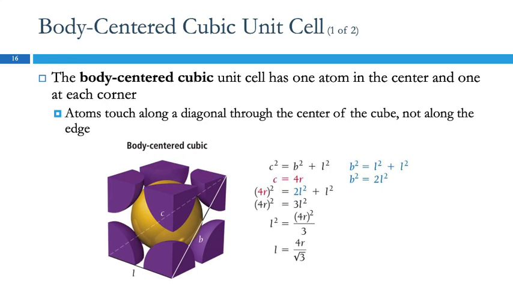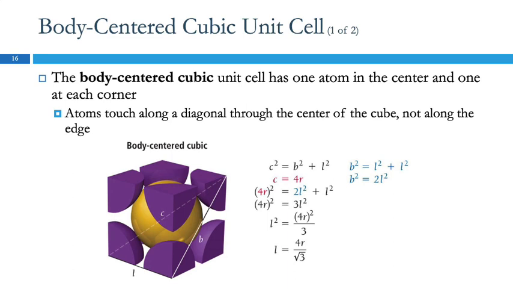The second cell we're going to look at is called the body-centered cubic unit cell. And here we have one atom that's in the middle of the unit cell. It's in the body, right? So this gold-colored atom is the same kind of atom as the purple ones. We just made it a different color so that we could see it better.